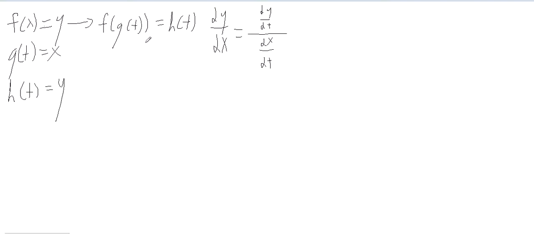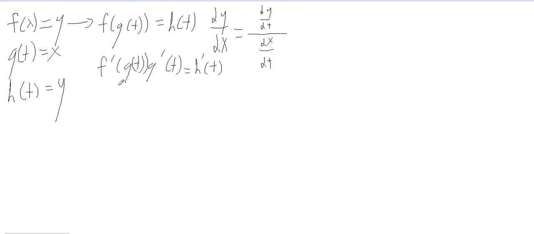Now, just as it is, if we took the derivative of both sides, which is taking the derivative of the same thing, so f prime of x equals y prime, that would get us f prime of g of t, and then using the chain rule, f prime of g of t times g prime of t equals h prime of t.